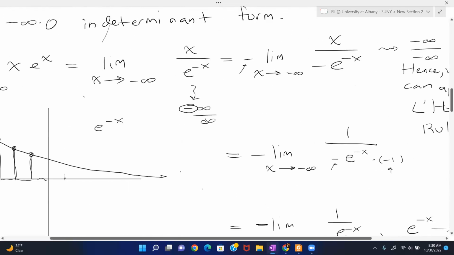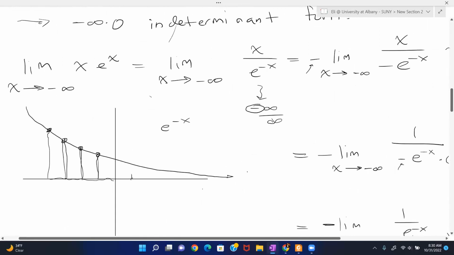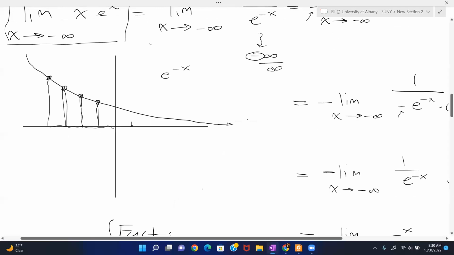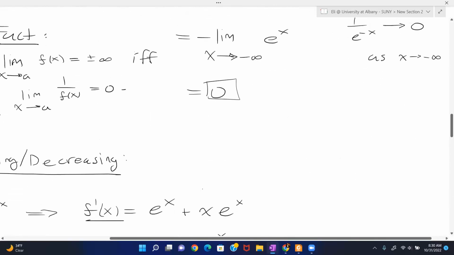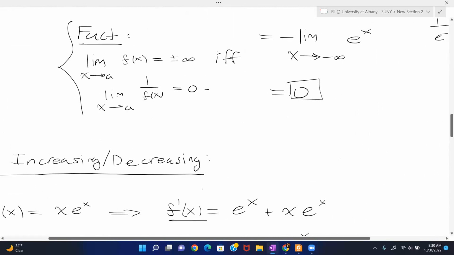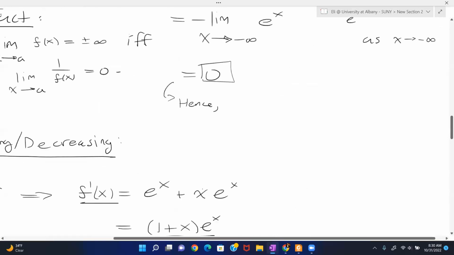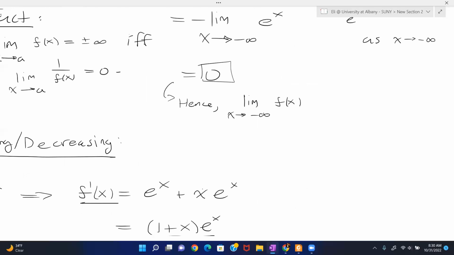Yes, right here, this calculation: we're taking the limit as x goes to negative infinity, and we found that that was equal to 0. So let me just rewrite it down here. Hence, more simply, the limit as x goes to negative infinity of f(x) is 0.